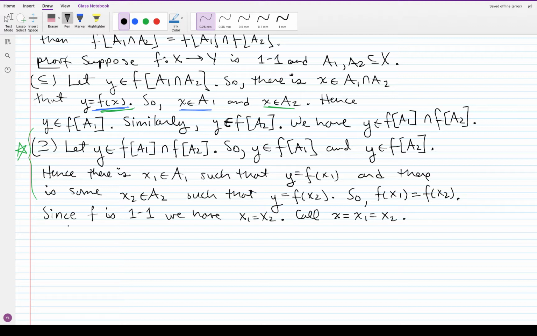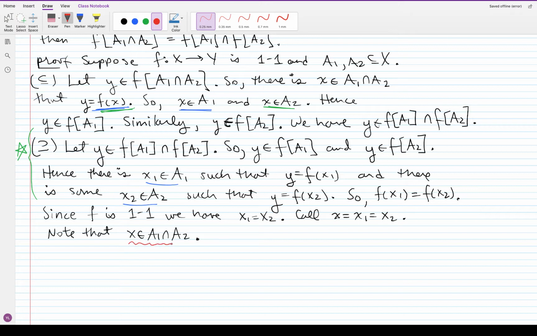And then what I want to say now, just by glancing above, is that x2 is in A2, x1 is in A1, but they're the same number. They're both x. So note that the element x is in A1 intersect A2. And so now I just piece this together.